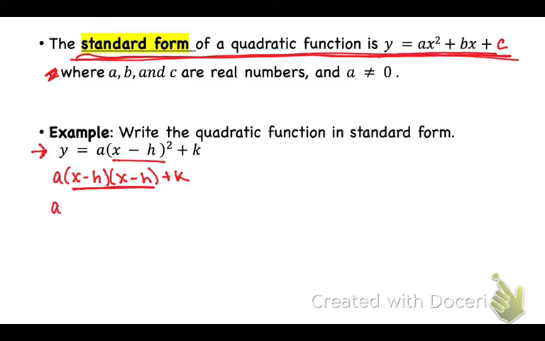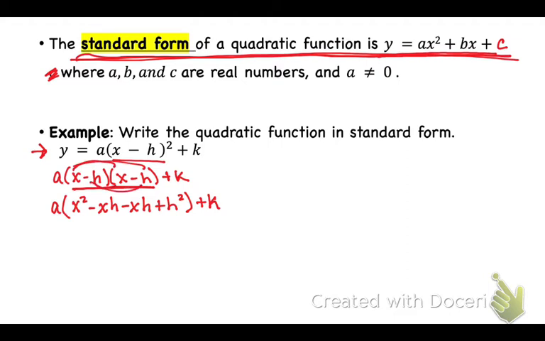So that would be a, and then I'd have x squared minus xh minus xh plus h squared, if I did that right. Hopefully you guys did it and got the same thing. How? Because I FOILed.